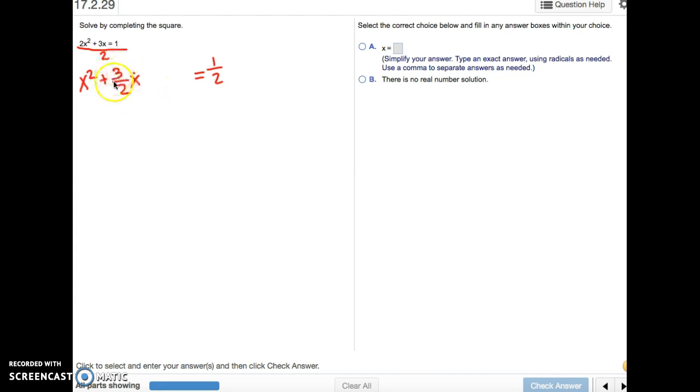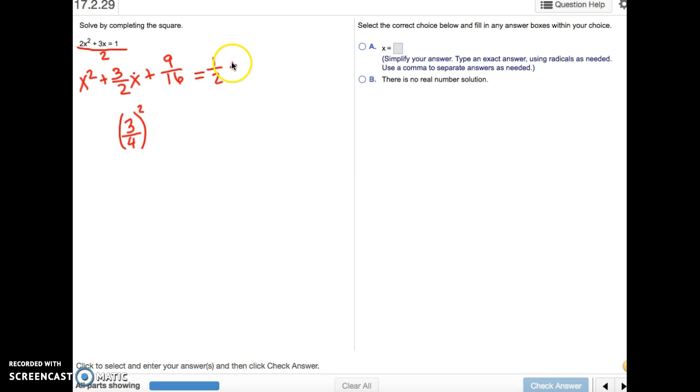Same thing as before, take half of this. And again, when you multiply this by half, it just doubles that bottom number. So this is 3/4 that I need to square. Squaring the top gives me 9. Squaring the bottom gives me 16.